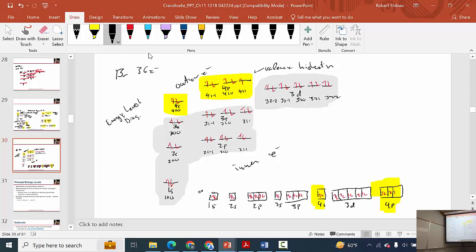This one is more compact. This is the orbital box diagram. Okay. But it's not the most compact. What is the most compact way of representing it? The electron configuration. So let's do it here.